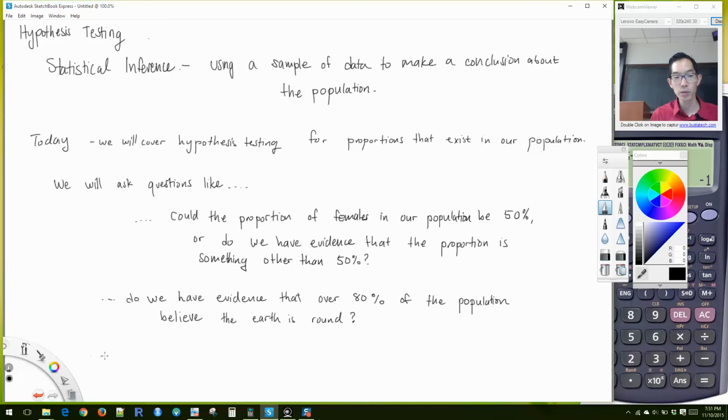So notice our questions always ask, do we have evidence of some trait, some property, okay? So we're asking, do we have evidence?